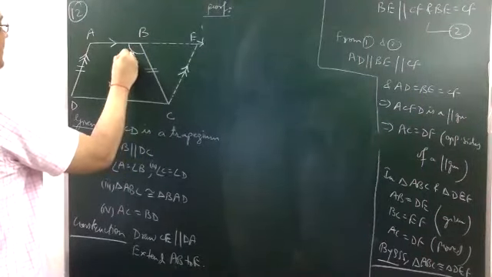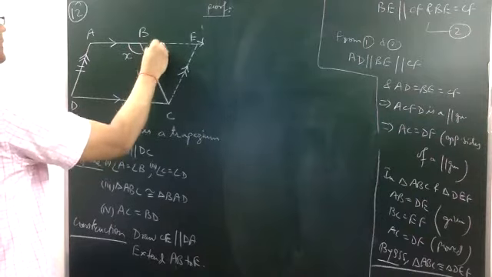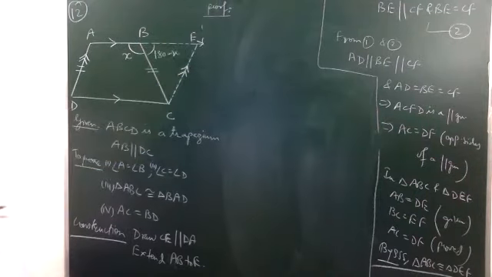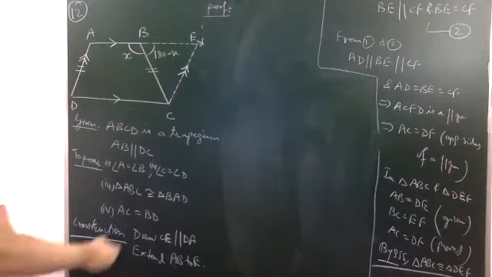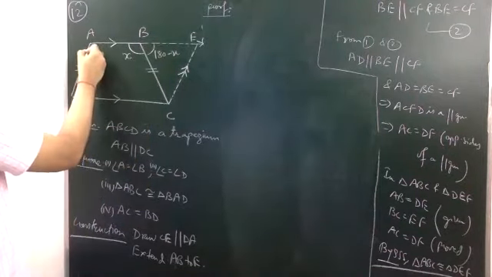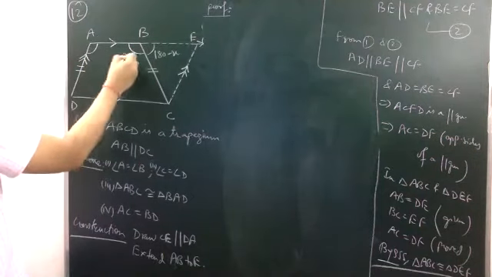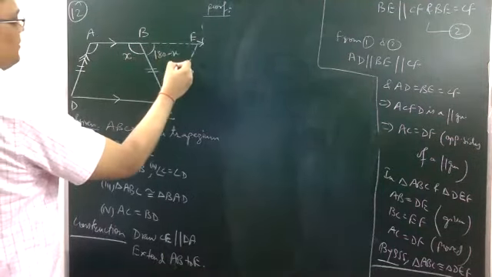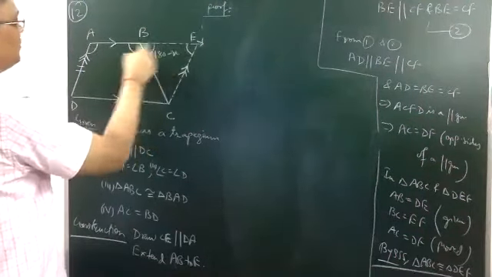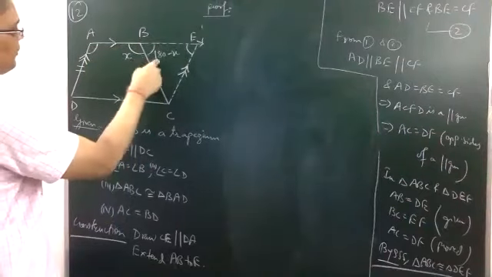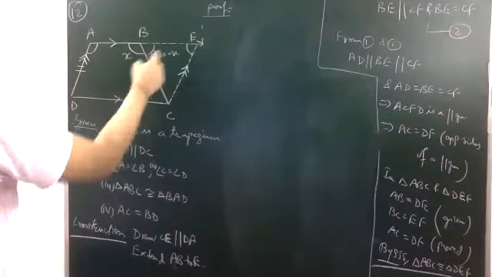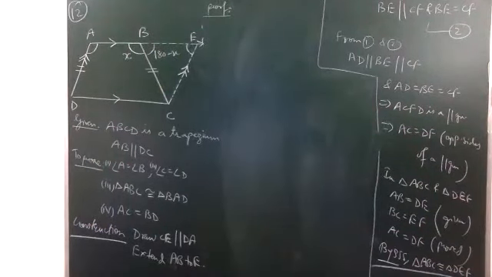Let's say this is angle X. So this becomes 180 minus X. And this again, because this is 180 minus X, these two form a linear pair and these two form co-interior angles. The sum here is 180 degree.